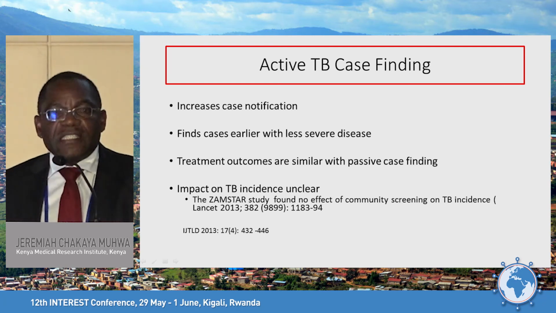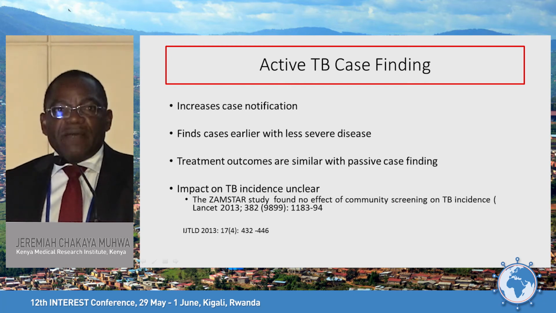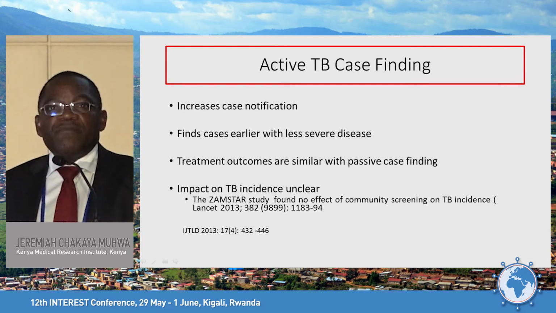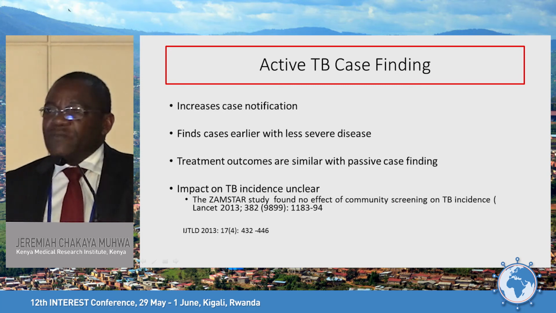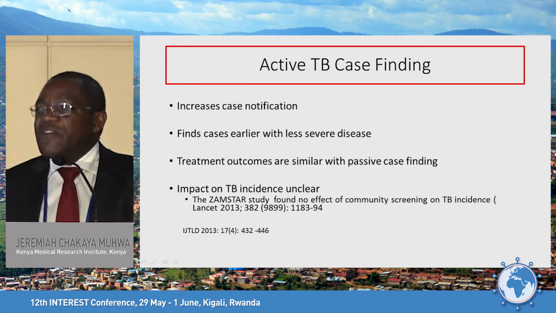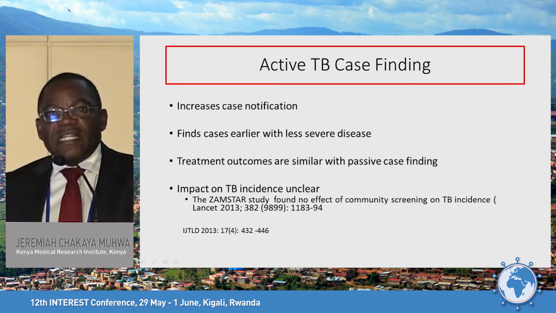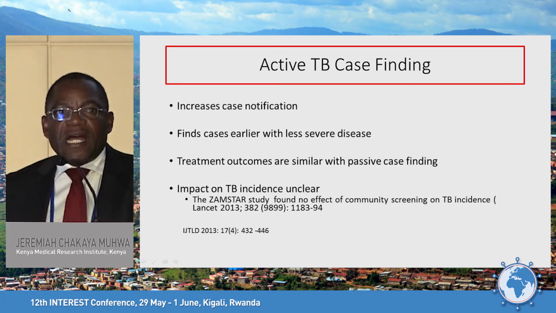It finds cases earlier, with less severe disease and so potentially less damage, less post-TB chronic lung disease, for example. Treatment outcomes show no difference between those who are found actively versus those who are found passively, but the impact on TB incidence is unclear.